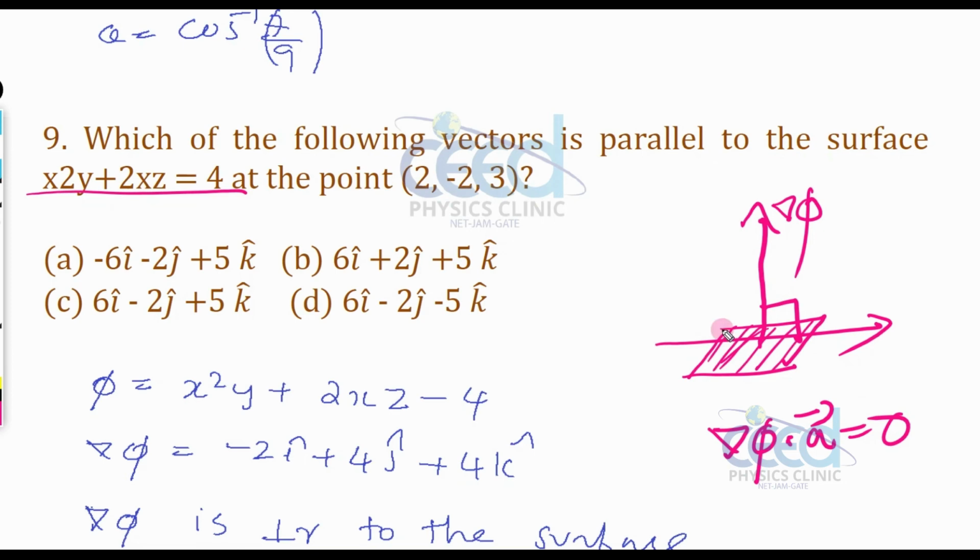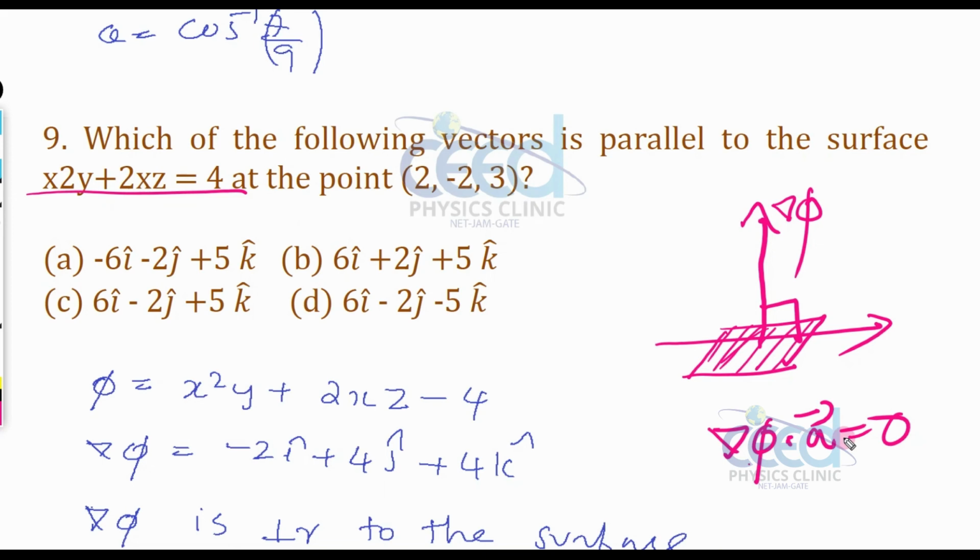When it is parallel to the surface, it means it is perpendicular to the gradient, because the gradient is normal to that surface. So which option satisfies this condition, del phi dot A is equal to 0?